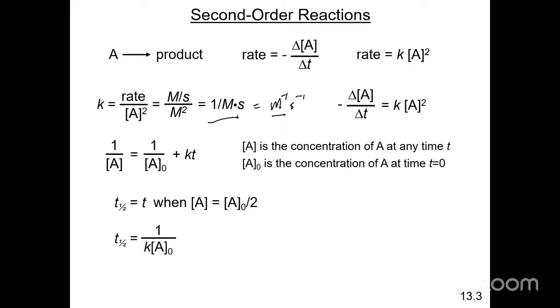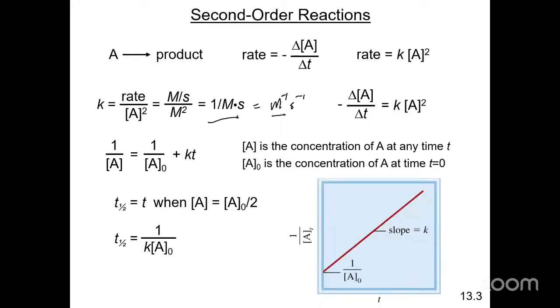And again, as in the case of a zero order reaction, the half-life is dependent on the initial concentration of A, all right? Another thing I want to mention is that we can graphically determine what K is based on data collected for the concentration of A and the corresponding times.